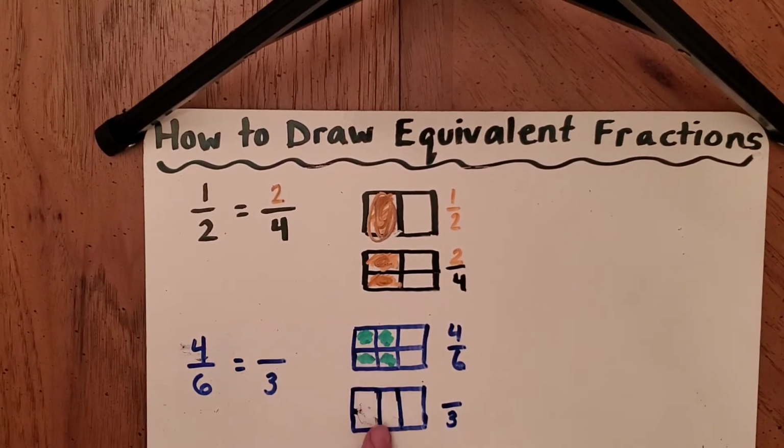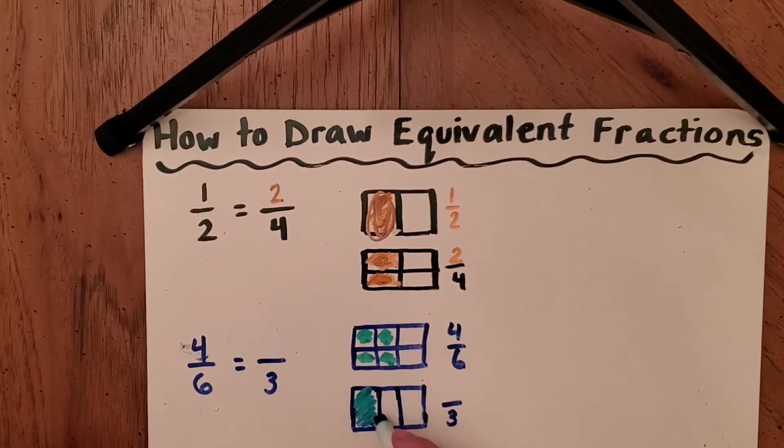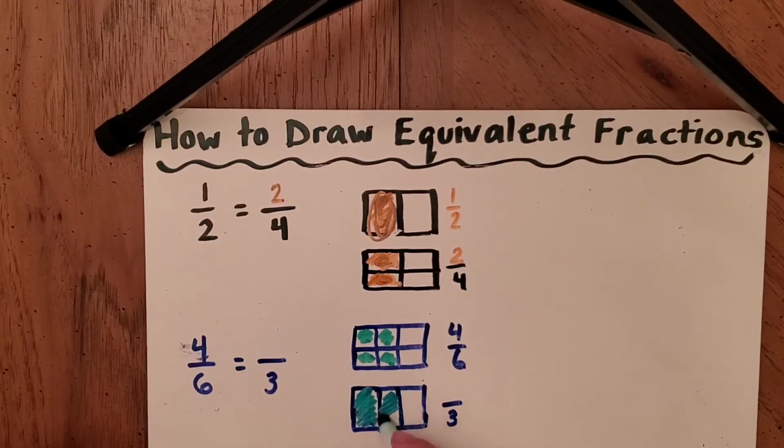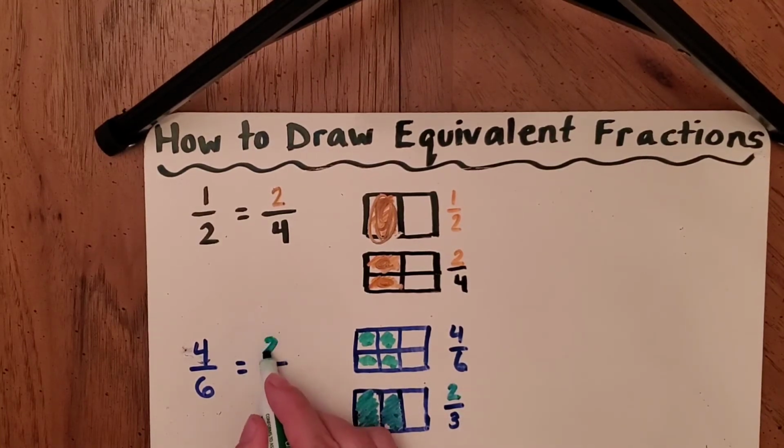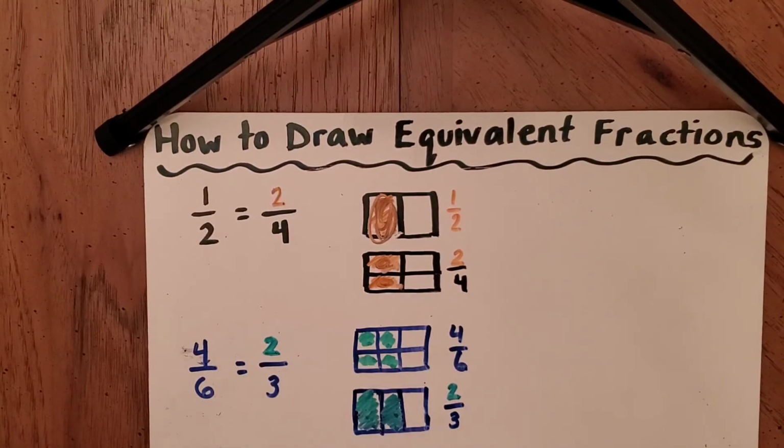So I'm going to go ahead and shade in this one to match this one. So this giant chunk is shaded and this chunk is shaded. How many thirds did I need to color in to make it equivalent to 4/6? I needed to color in 1/3, 2/3, because 2/3 are equivalent to 4/6.